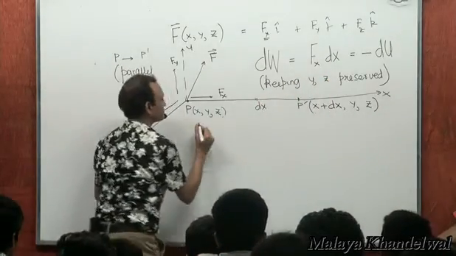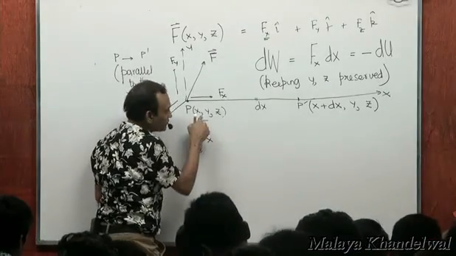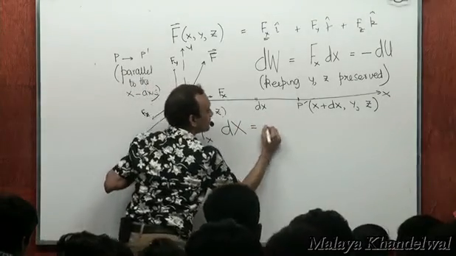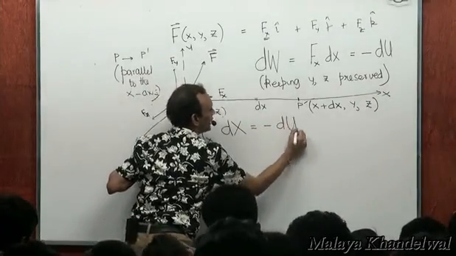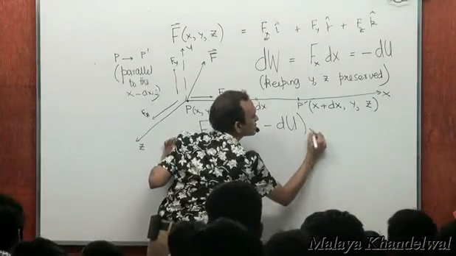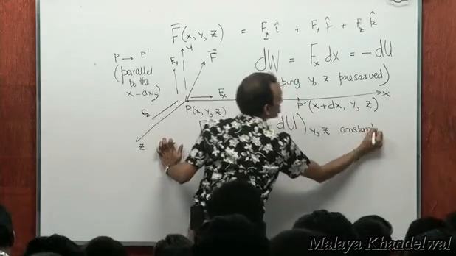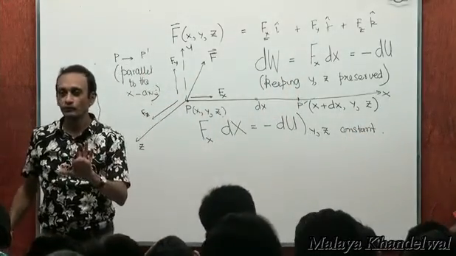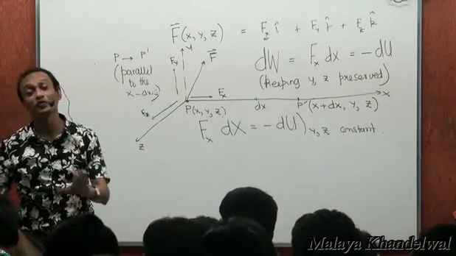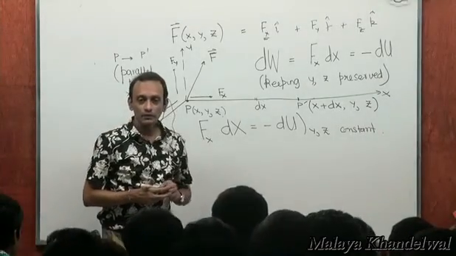So we end up getting the x component of the force at x, y, z, into dx, is minus dU, the change in potential energy, on the pretext that y and z are constants. Yes or no? I'm trying to go as elementary as possible and communicate these ideas. I hope you understand most of it, right?